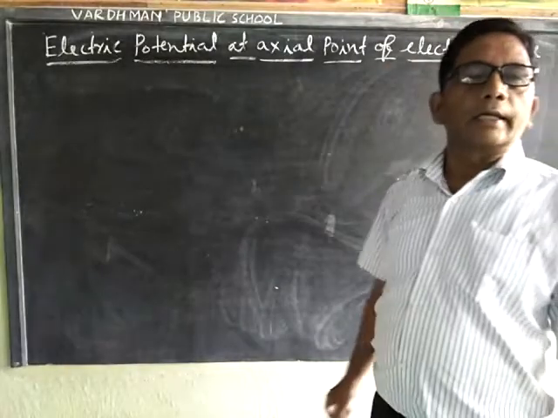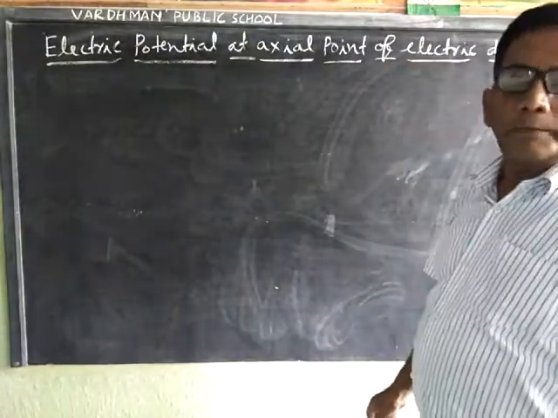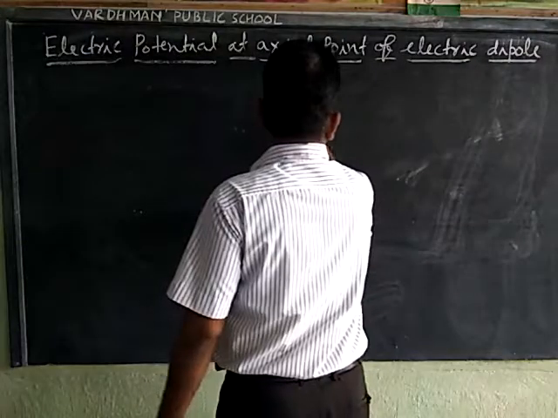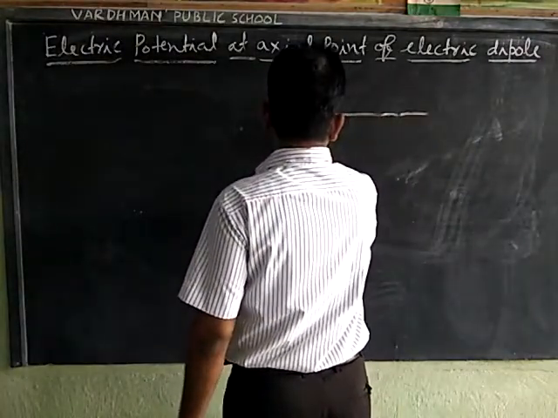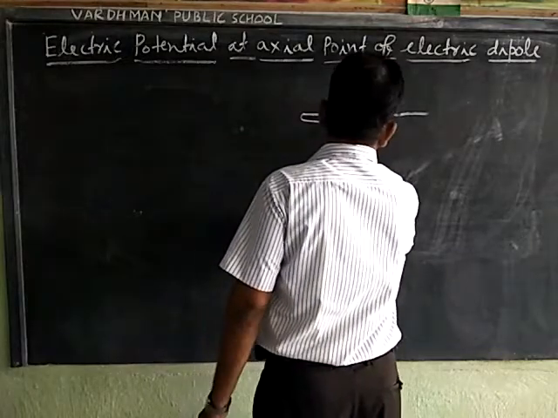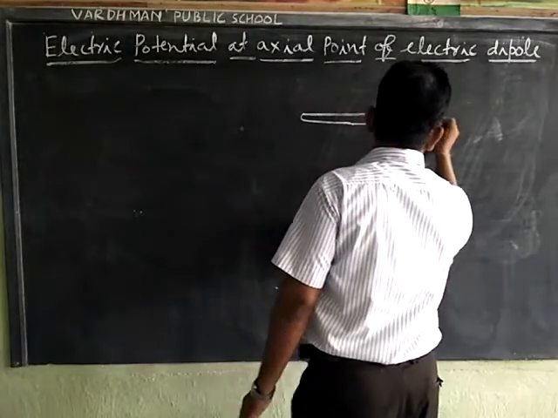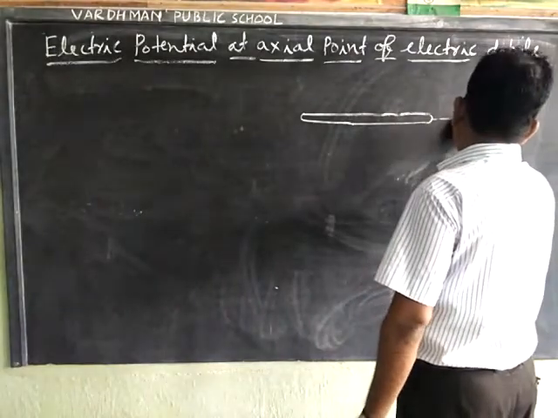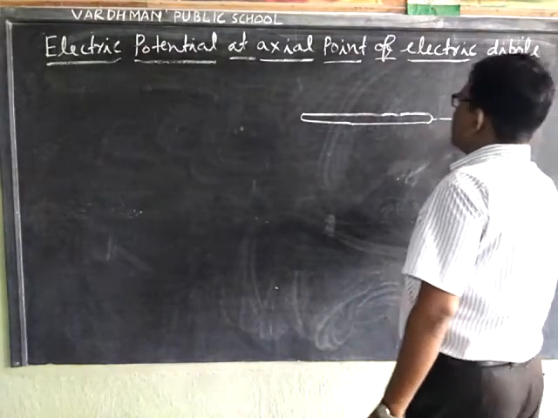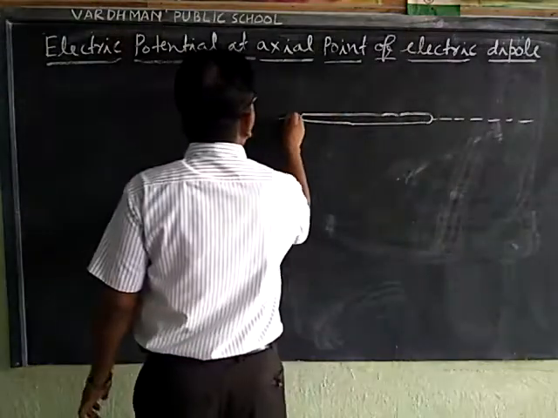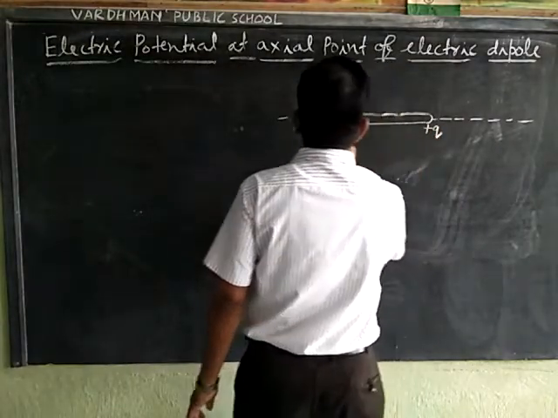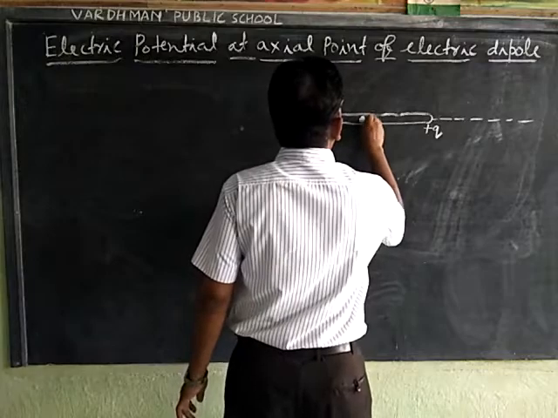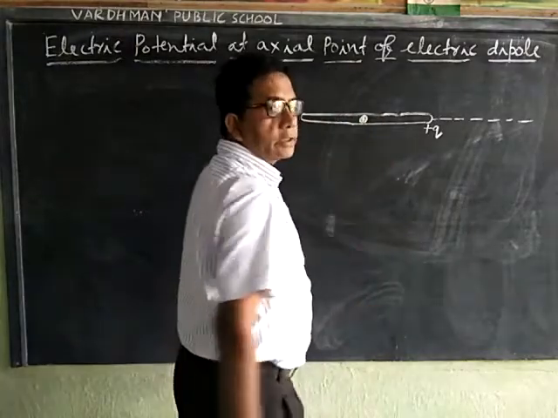Consider an electric dipole consisting of -q and +q charge separated by distance 2a.